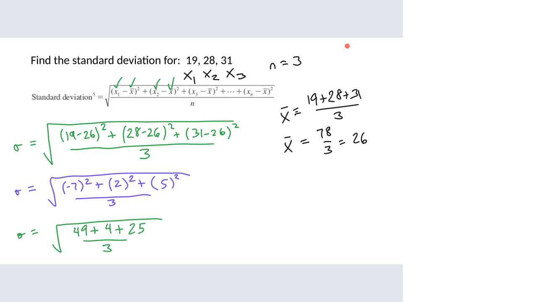And we just kind of keep moving along here. It cleans up pretty nicely. Standard deviation will be 49 plus 4 plus 25. That's 78 over 3, which is 26. And then the last thing I need to do, please don't forget to take the square root of that 26. And we get that the standard deviation is 5.0990.